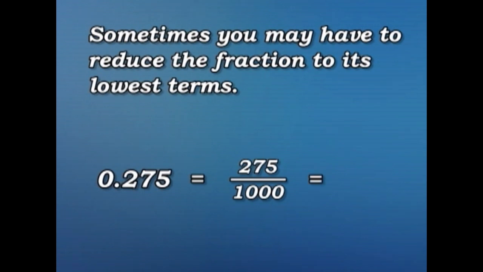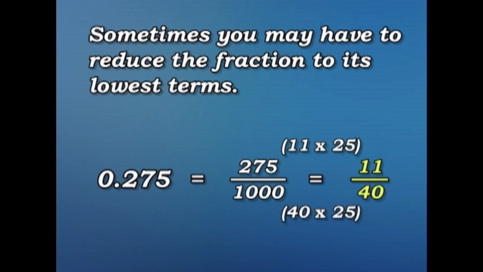If we reduce this to its lowest term, we find that 275 is the same as 11 times 25, and 1,000 is the same as 40 times 25. So reduced to its lowest term, 275 over 1,000 is the same as 11 over 40.